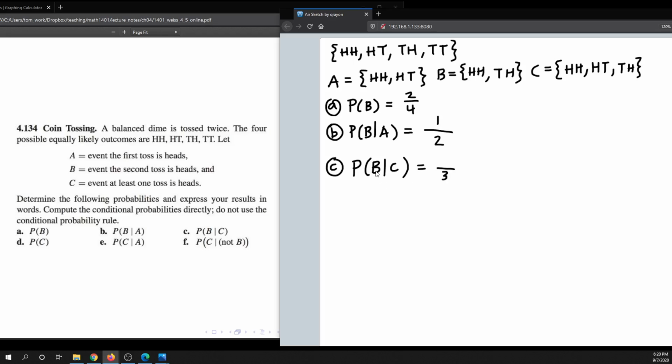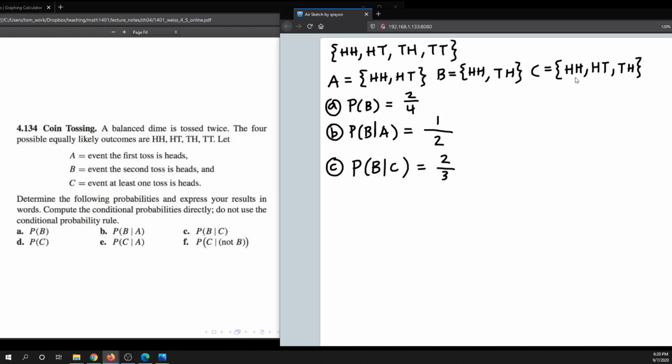All right, and then the top number would be the number of elements of B that are also in C. So I would just check. If I get a heads and a heads, is that in C? It sure is, right? So that's 1. If I got a tail and a head, is that in C? And that is true as well. So there are 2 elements of B that are also in C, so that would be the number that we put on top. All right.